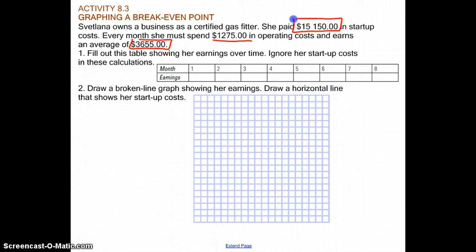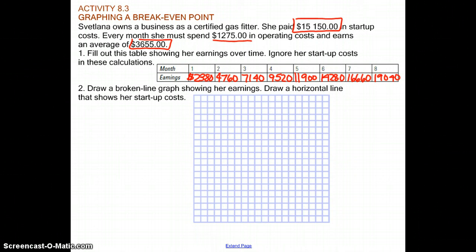So let's figure out her earnings over time, just her profit. And your table should look similar to this one. So if you subtract your expenses from what you earned, you should end up with $2,380, and she continues to make that every month as her profit. So her profit will continue to increase as she saves the money from the month before.